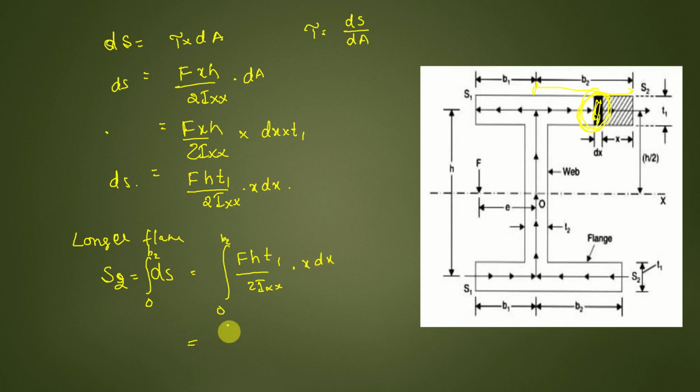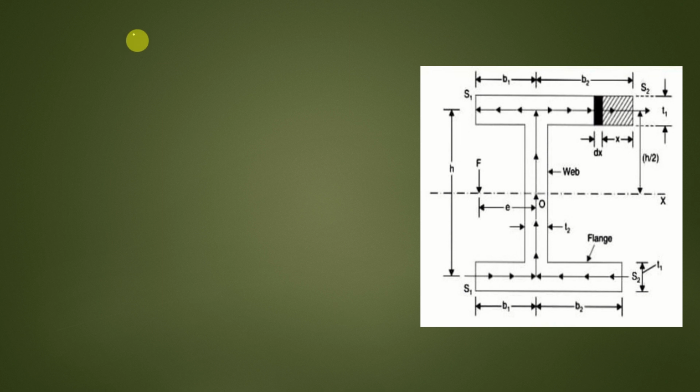Now take all the constants outside: F h T1 by 2 Ixx, integral 0 to b2 of x dx.